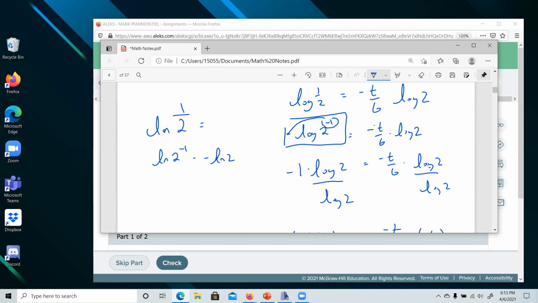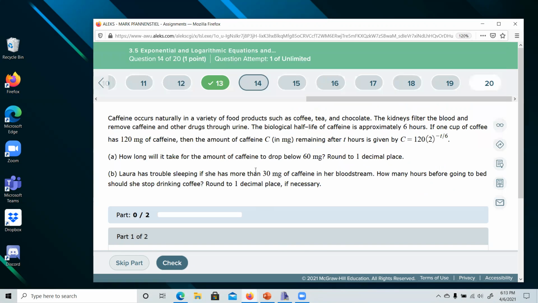So much so that they just wrote this down instead. It occurs very often. You're going to see it a lot. Just realize when you see this negative natural log 2 or negative log 2, this is the process they went through. Okay, but I'll remind us of that when we find another one.